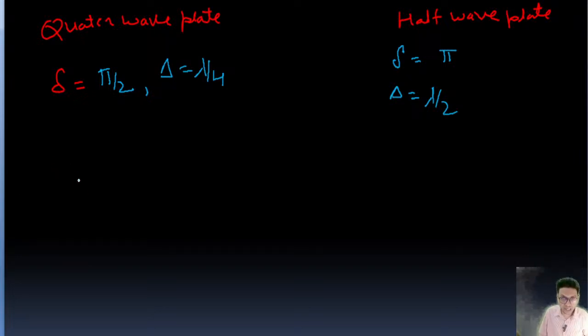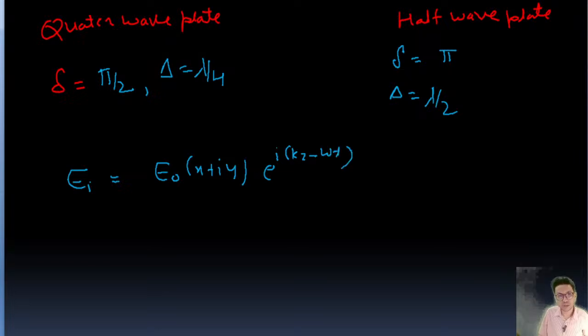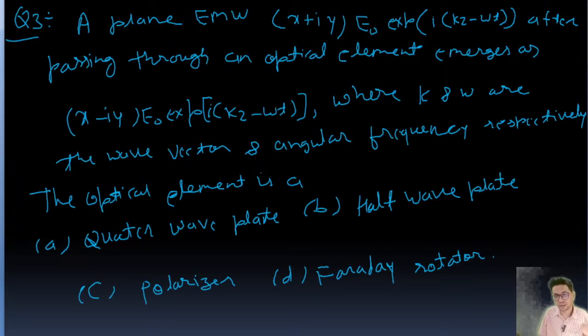Okay, in the question we have been given E_I, the initial wave. That is E_0 (x plus iy) e to the power i(kz minus omega t), which is given in the equation. And after passing through the optical element, the wave is going to be E_R, the wave after refraction.